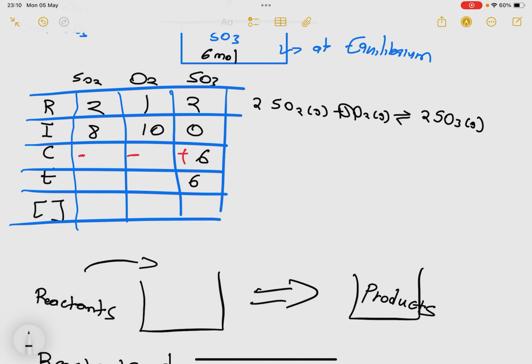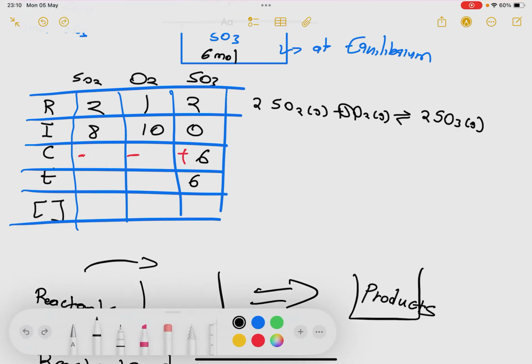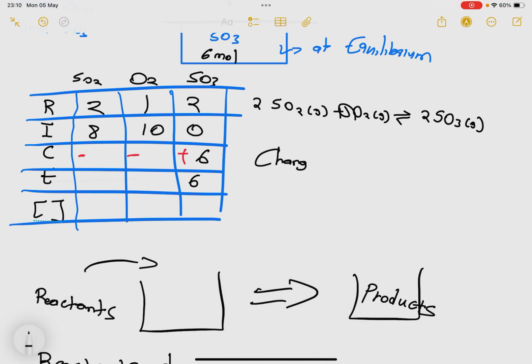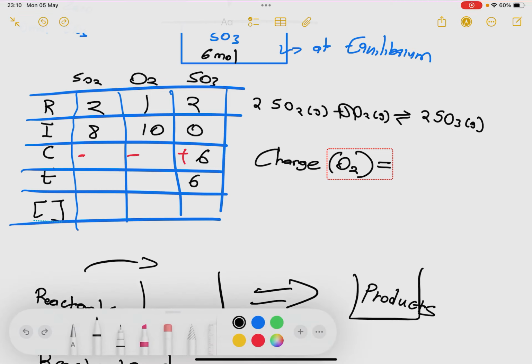So now you want to use your stoichiometry to fill in the change for SO3 and O2. So how are you going to do that? Let's say you want to find the change of O2.